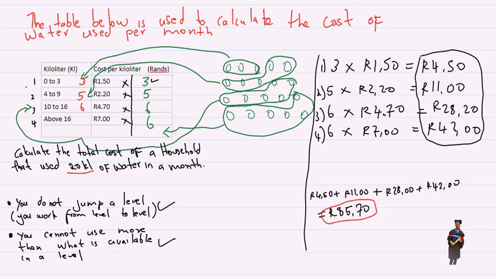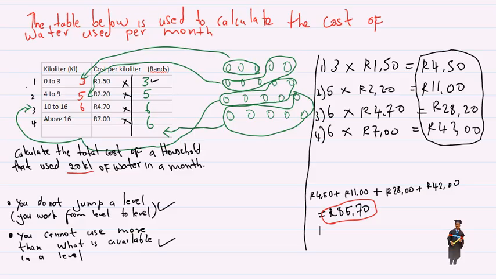I hope you get the idea, ladies and gentlemen. The main condition is that you do not jump a level. You start from level 1 and work from level to level. The second condition is that you cannot use more than what is available in a level.